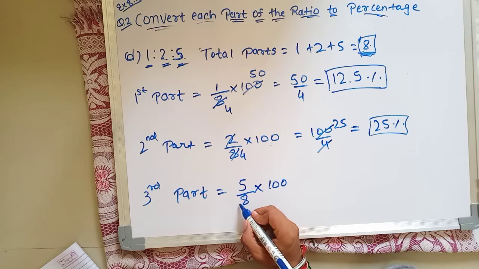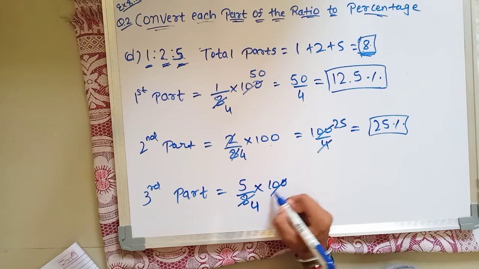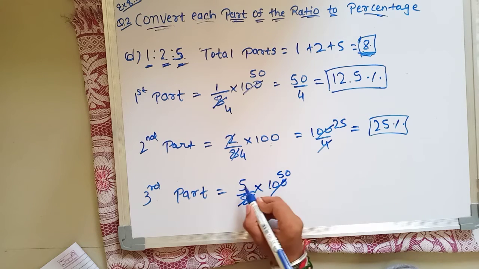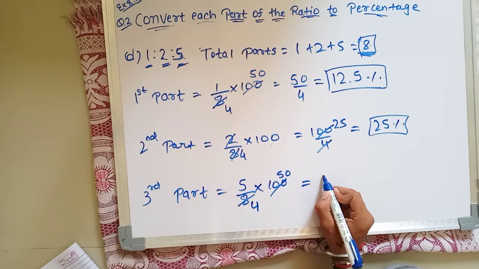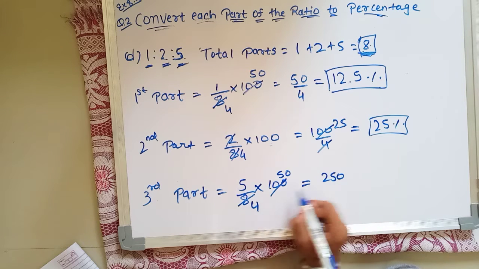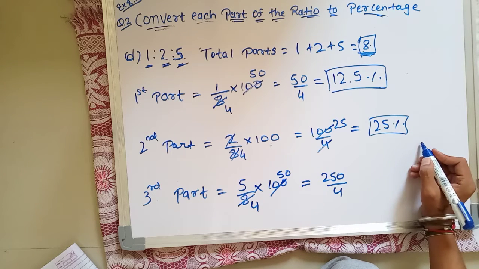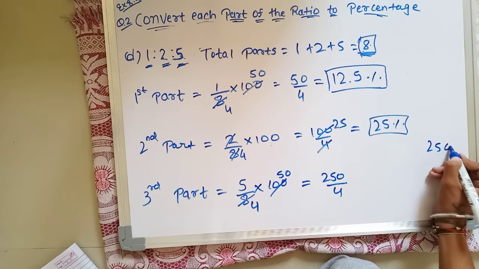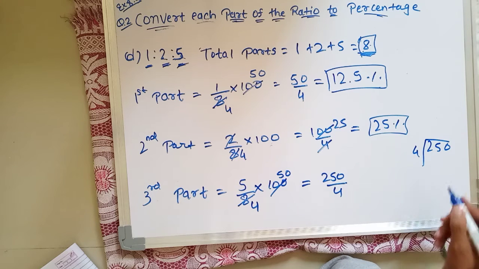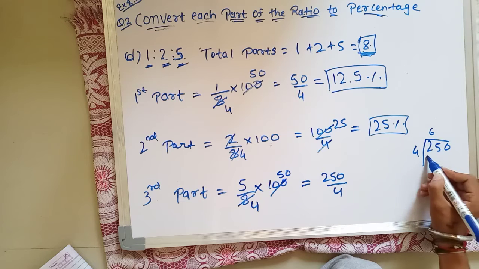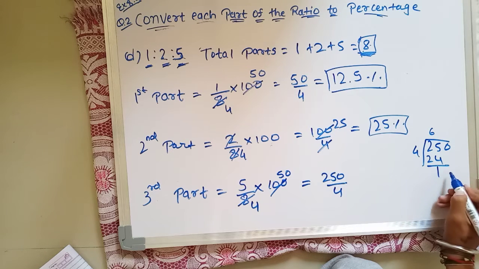Okay, so 2 4s are 8, again 2 50s are 100, 5 times 50 is 250. Okay, so 250 divided by 4. 4 5s are 20, 4 6s are 24, 4 6s are 24, 1 0.